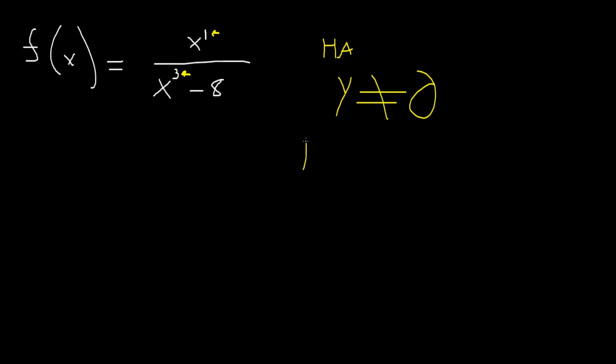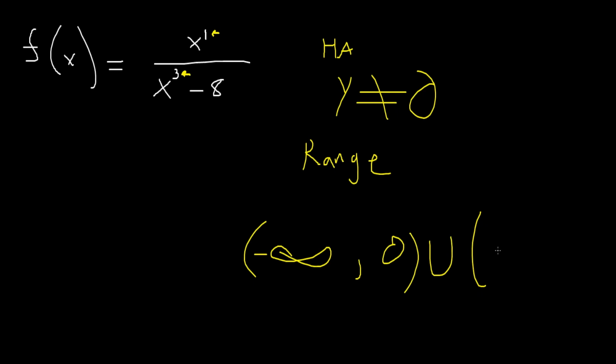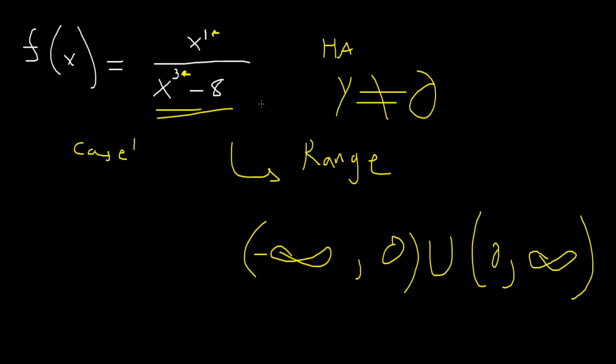So if we were to do the range of this function, the range would be negative infinity, comma 0, union 0 to infinity. So all of the numbers except for 0, 0 is the one number that we're not allowed to have. And this is case 1. So in case 1, the top power is smaller than the bottom power. If the bottom power is bigger, then this will be our range every single time, because we'll have this asymptote, this number that y is never going to be able to reach.